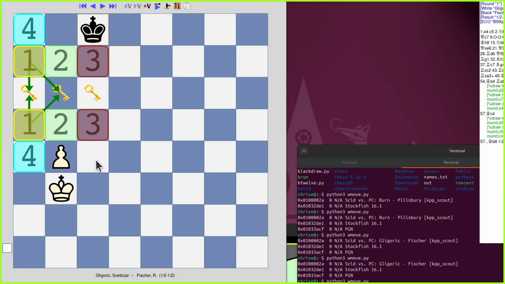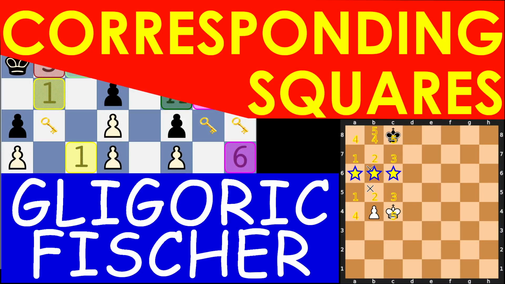And then on this side, if you're on the C4 square, then the corresponding square is C8. I was going to say C8, but actually there's a bit of a choice here. As you saw in the thumbnail, B8 can cover either of those situations.